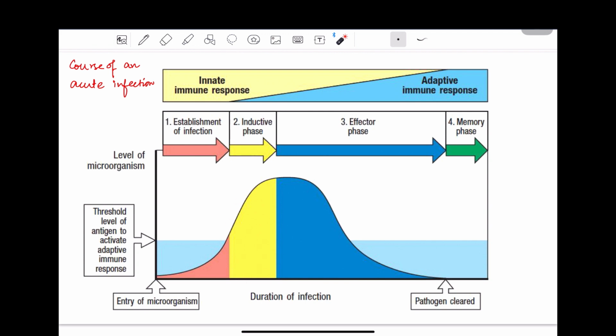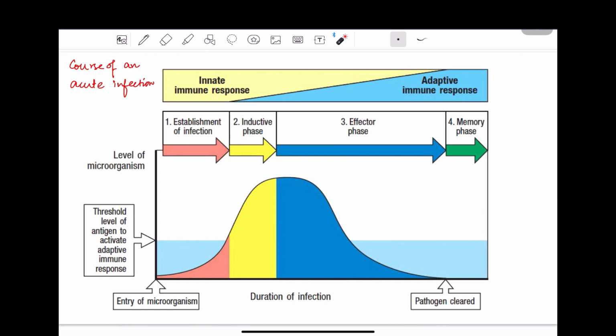But the level of microorganism is still growing, and the adaptive immune response is also beginning to generate. Following that inductive phase comes the effective phase.